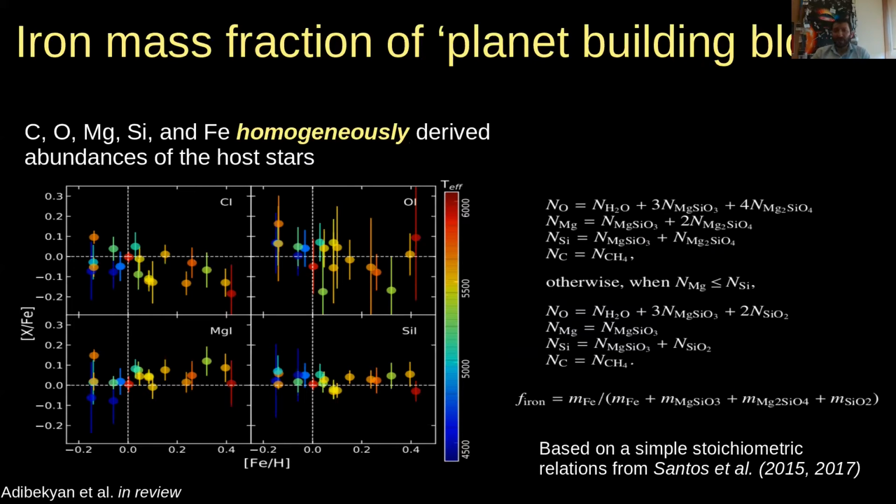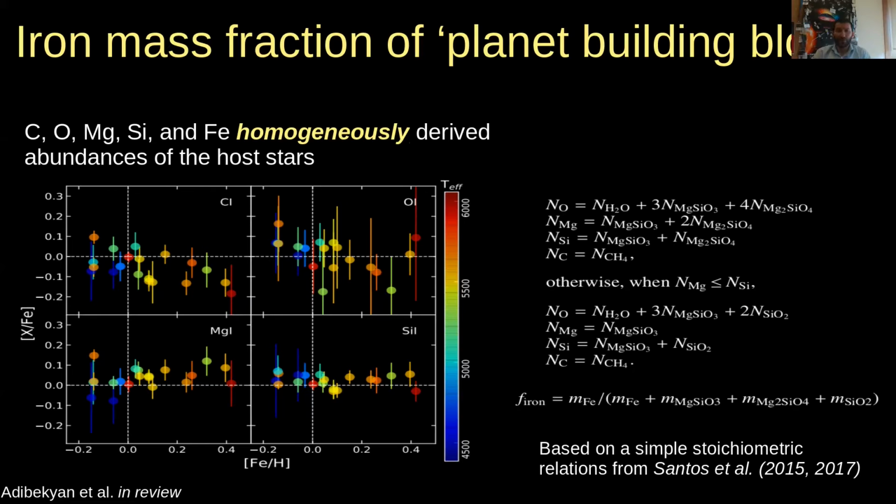These are the main major rock-forming elements, and they are most relevant to control the species expected for the equilibrium condensation models. So, for example, we use the simple stoichiometric equations presented in Santos et al. 2015 and 17 to estimate the fraction of iron relative to the mass fraction of other elements.